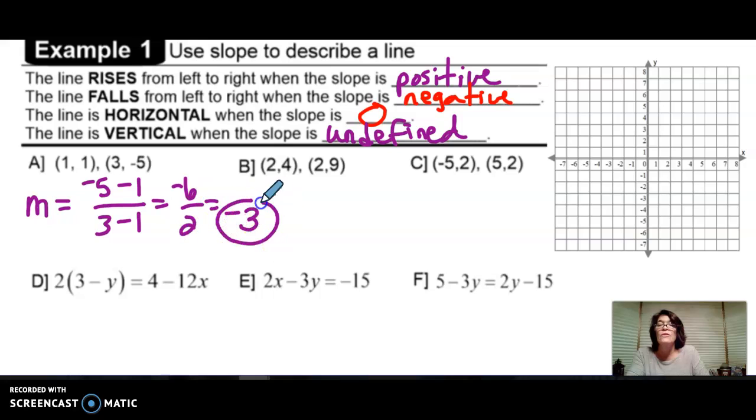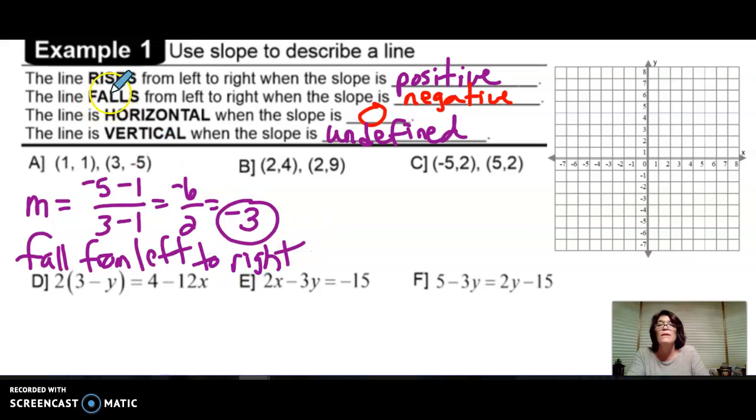This is a negative slope, so it falls from left to right. You can just say falls from now on. If I graph it, just if I'm not sure, 1, 1, and 3, negative 5, and connect that line, that's a negative slope.